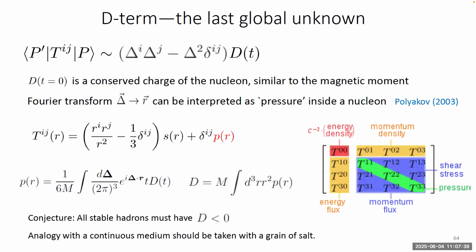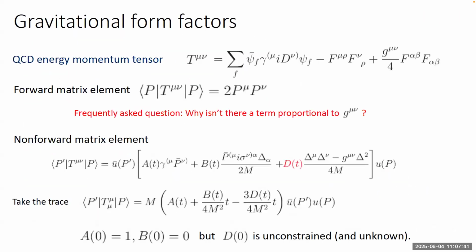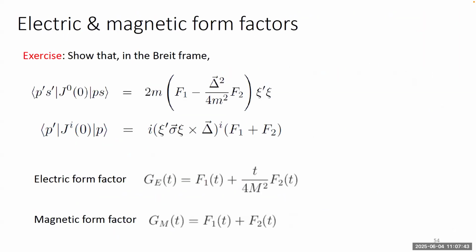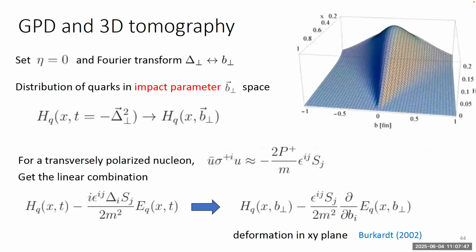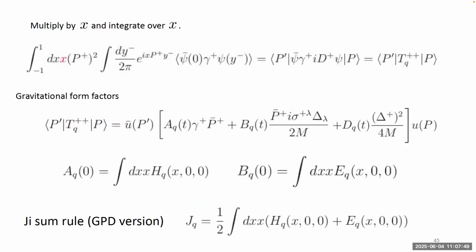When I talked about the sum rule yesterday, I was only showing this relation, where I said skewness equal to 0 and t equals 0. But now I'm generalizing to finite t and finite skewness.